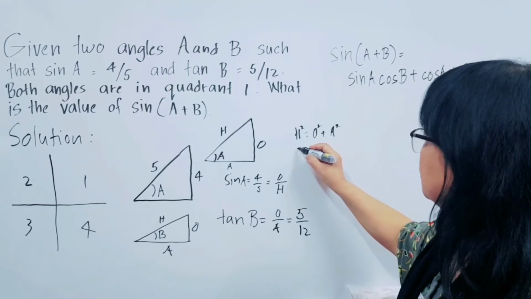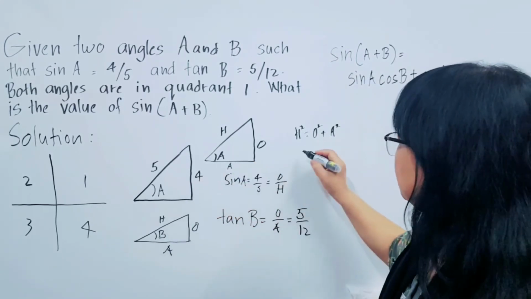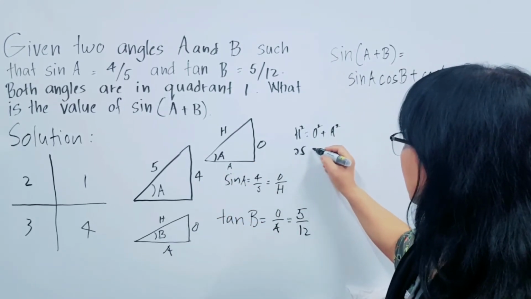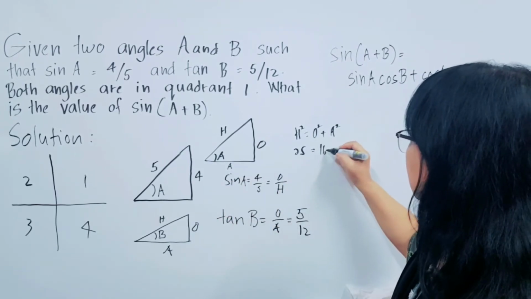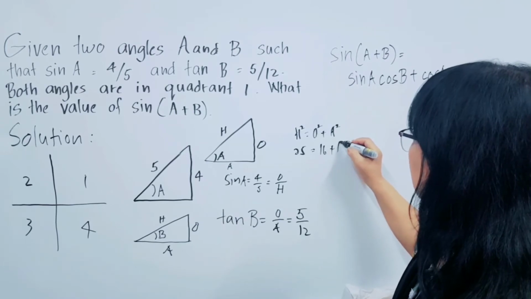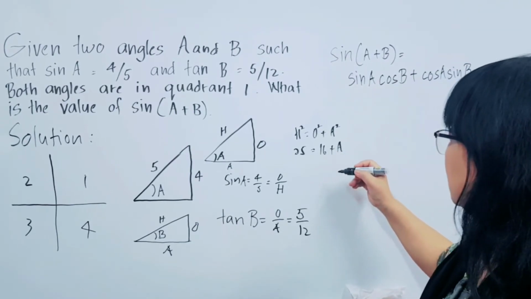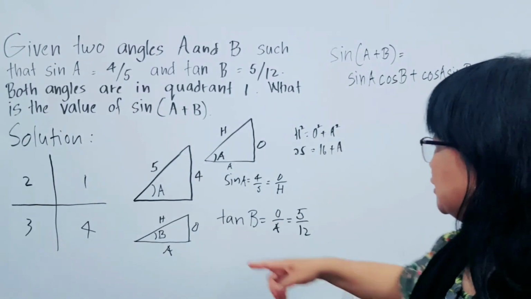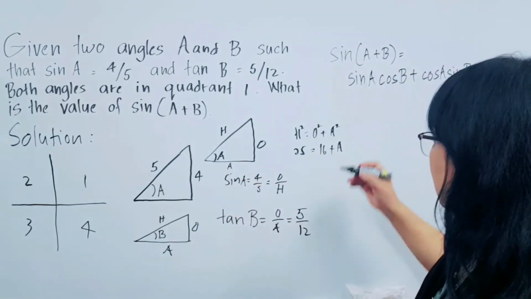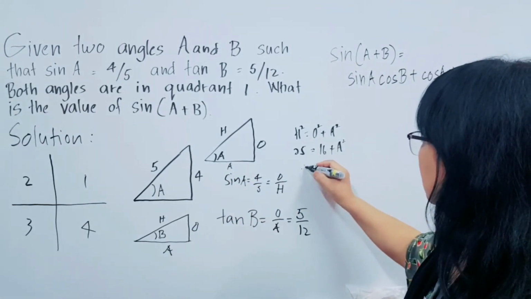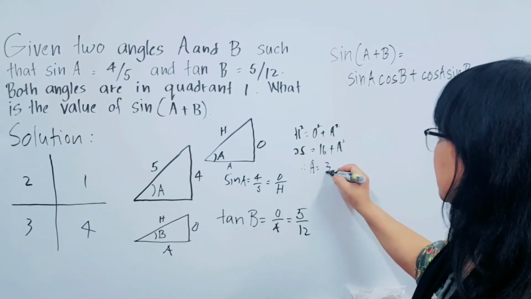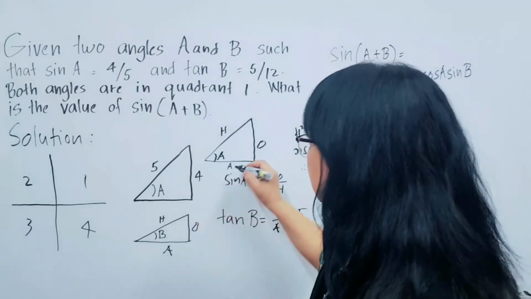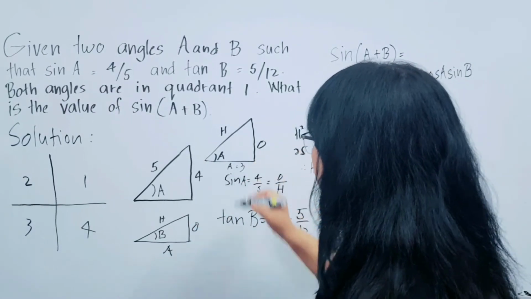The hypotenuse is 5, so 25, and the opposite is 4, so 16, and this is the one we are looking for, the adjacent side, squared. Therefore, after simplifying, this one is equal to 3. That means this one is equal to 3.